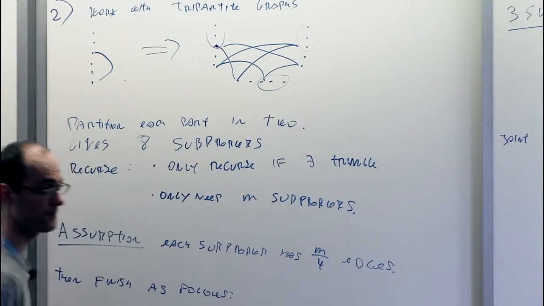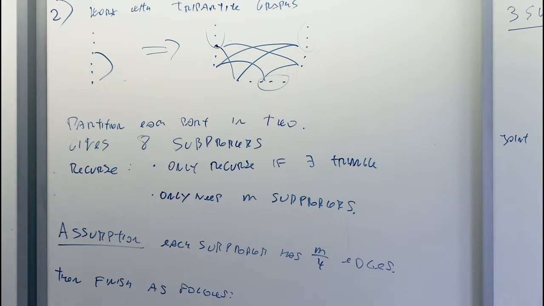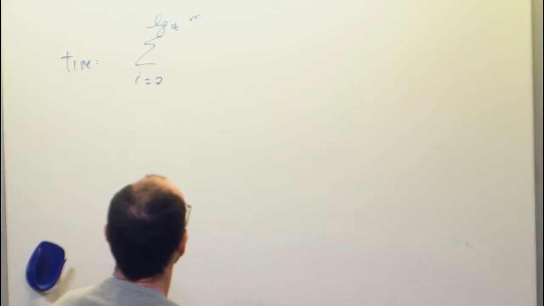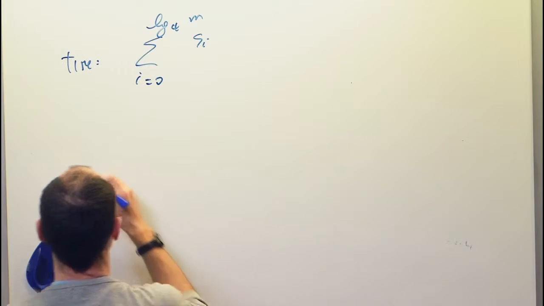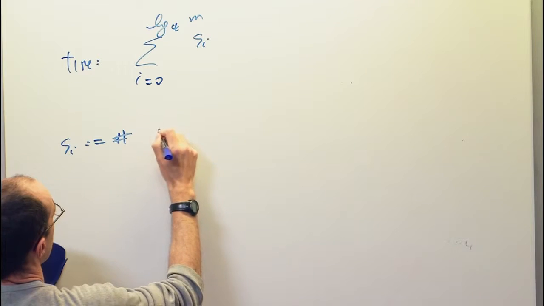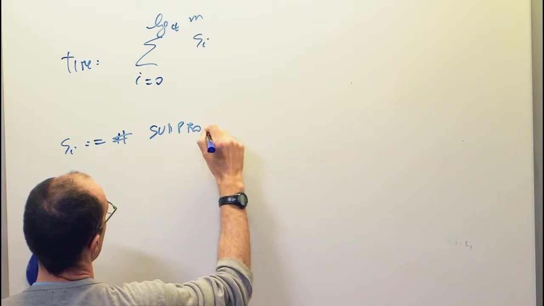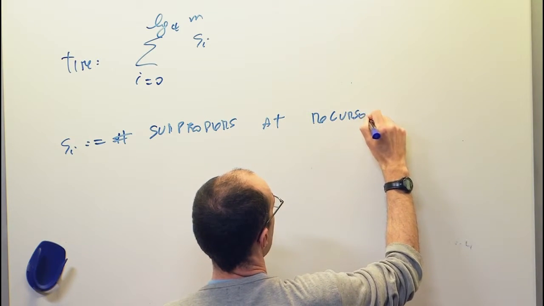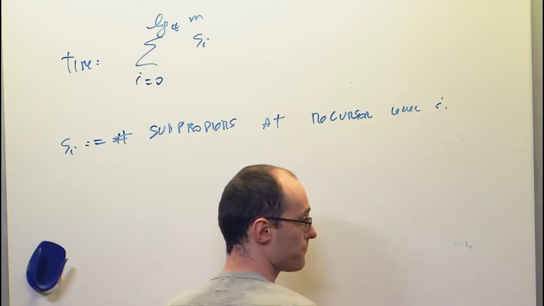So the time of your algorithm would be, since every time you reduce the number of edges by a factor of 4, a sum that goes from 0 to log base 4 of m of S_i times T, where S_i is the number of subproblems at recursion level i.